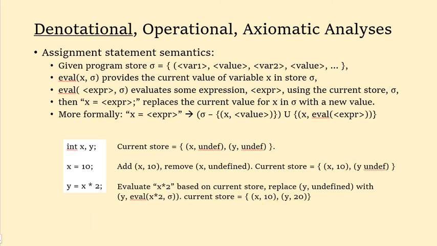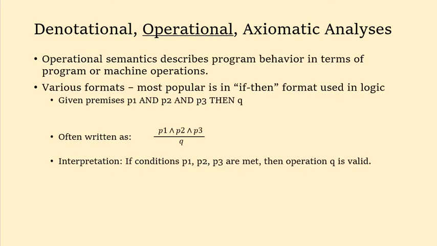Okay, operational semantics is focused more on the behavior or the operations of a machine, the operations of a system. And there are different forms of operational semantics. A popular form is formatted in the same way that we did logic in the discrete structures class.